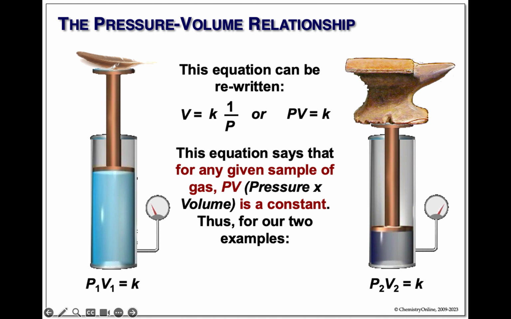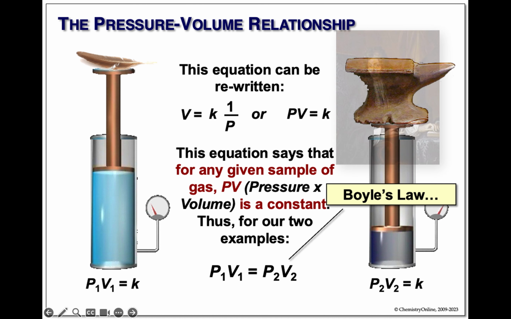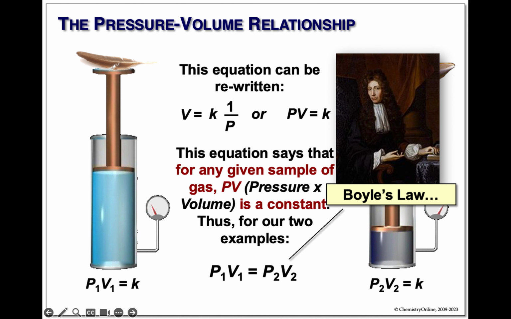It's the same gas. That means that the constants are exactly the same. It's a closed system. If the two constants are exactly the same, that means that P1V1 must equal P2V2. This is what we refer to as Boyle's law. P1V1 equals P2V2.